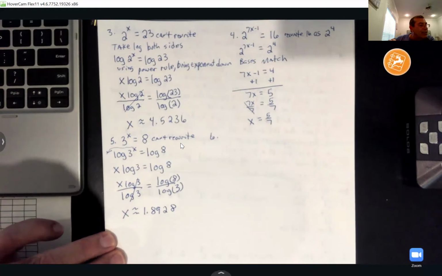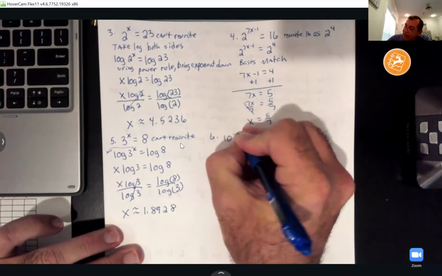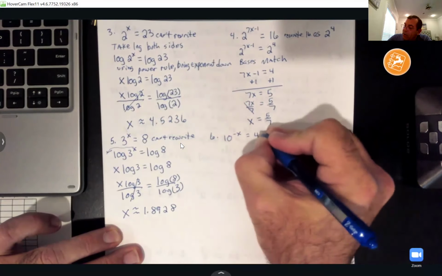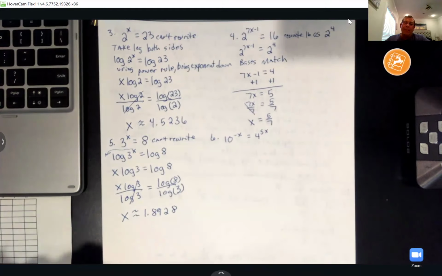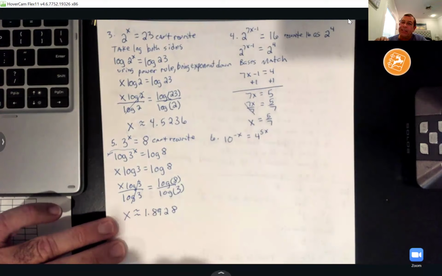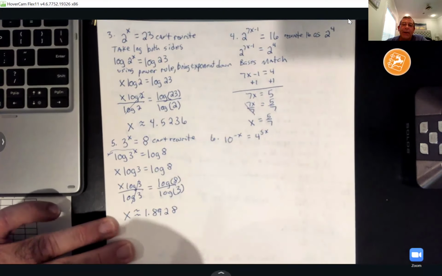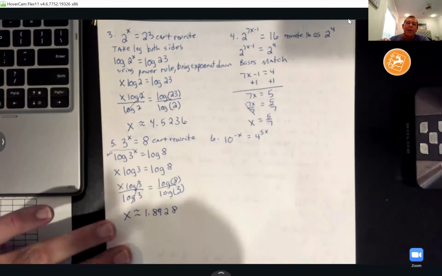All right, let's see what 6 is. 6, I got 10 to the negative x equals 4 to the 5x. Now, I'm not going to lie. You're going to get the same answer on number 6 that I did when you got an equation like this. And I'll show you what that answer is when I get to it.